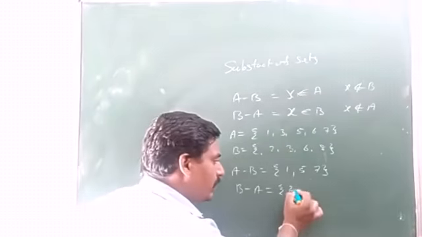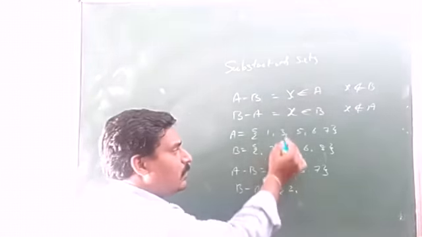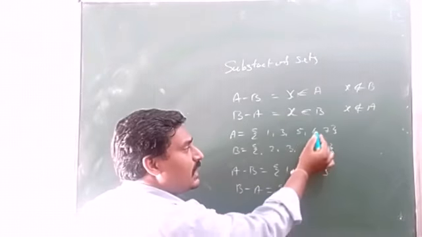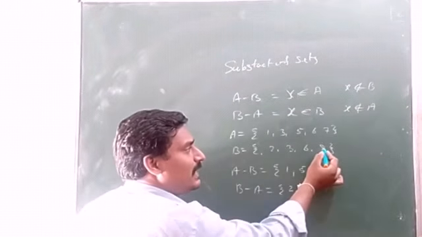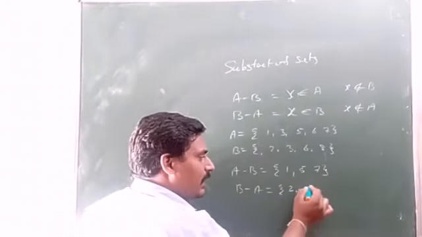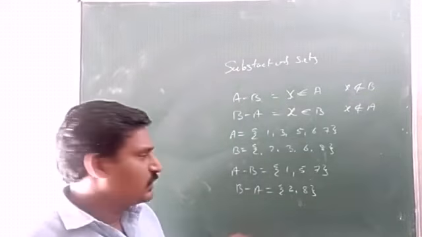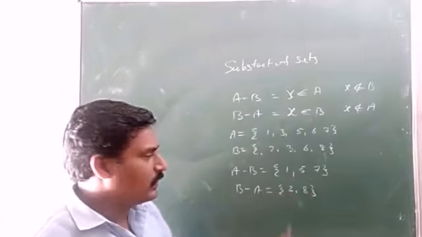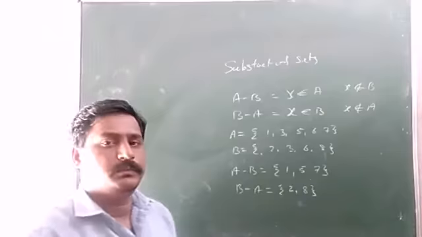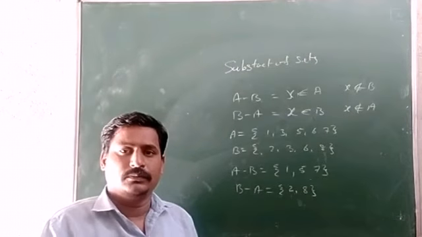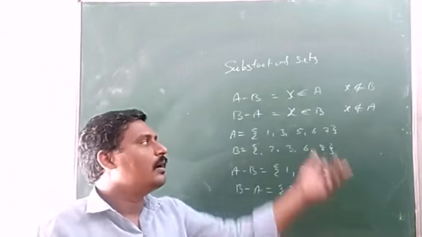Write 2 here. 3 is there in both, leave it. 6 is there in both, leave it. Then 8, 8 is not there in A, write 8. So A minus B and B minus A. A plus B, all the objects in both.